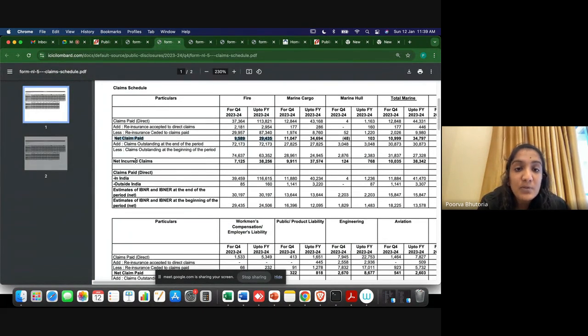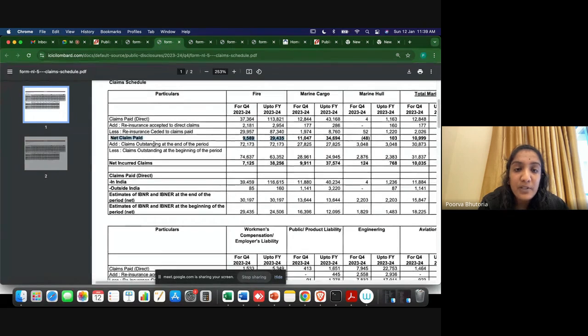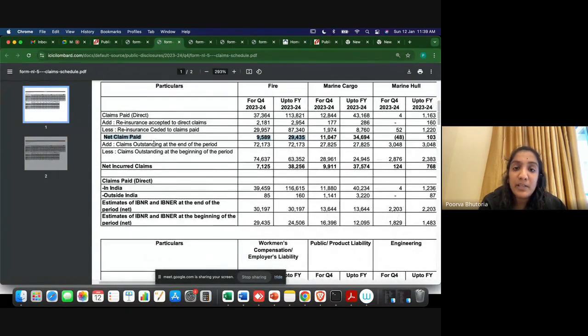So the next bit then. You'll see claims outstanding at the end of the period and claims outstanding at the beginning of the period.